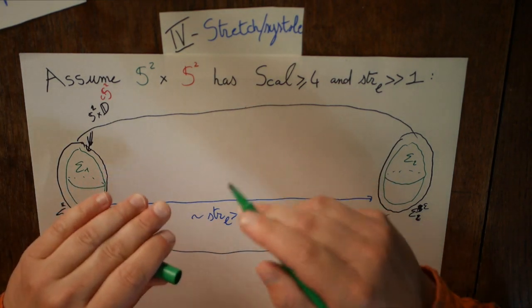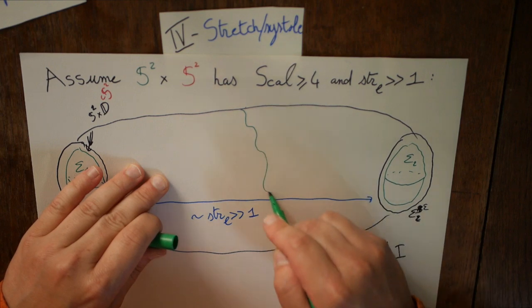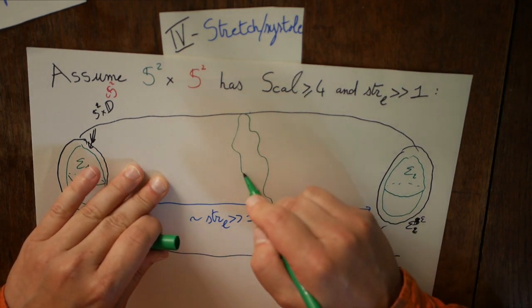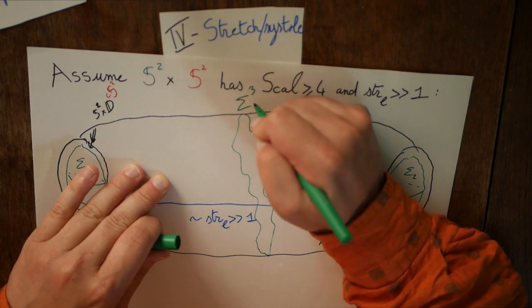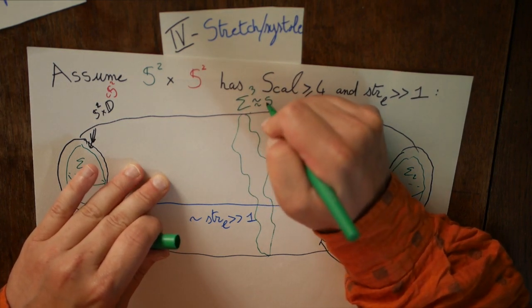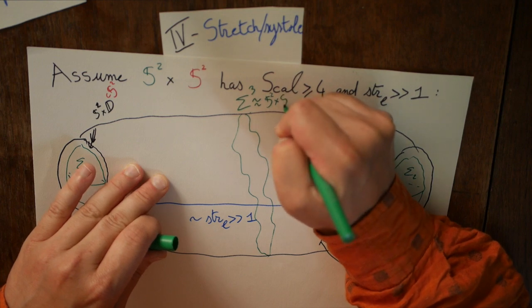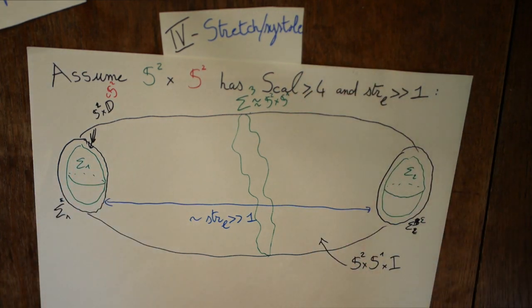something here. Let's call that sigma 3, which looks like more or less S2 times S1. Basically, it will have a non-zero degree map to S2 times S1.